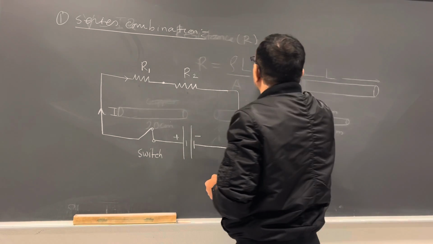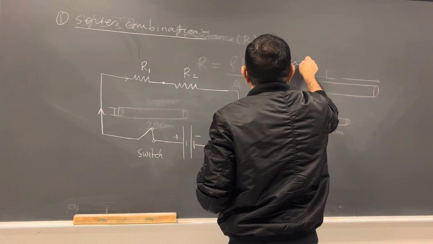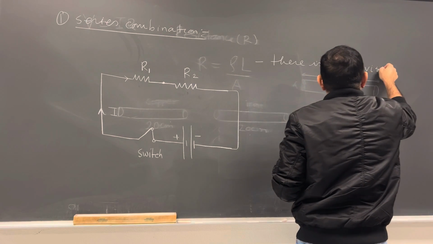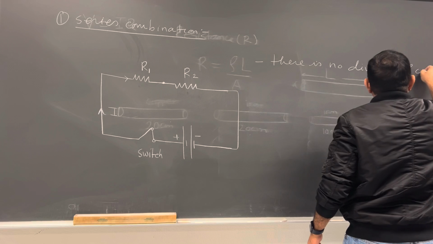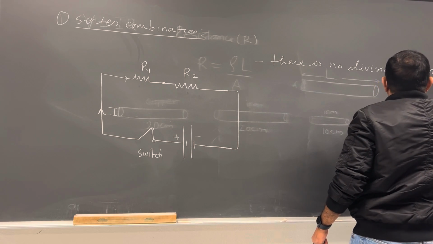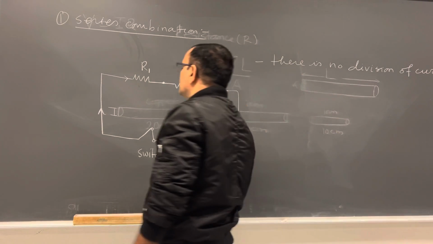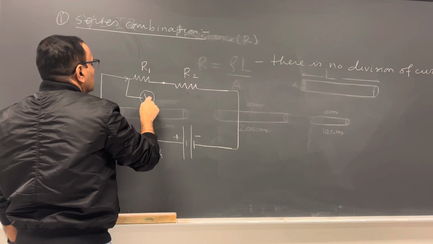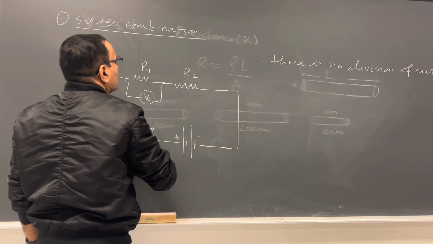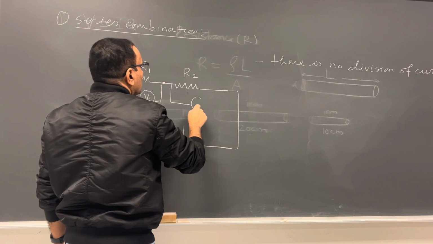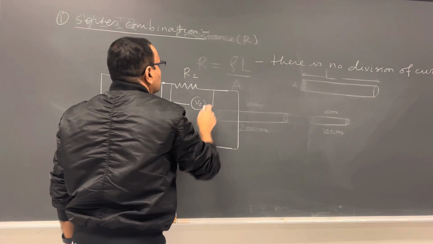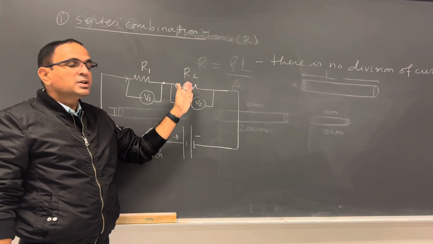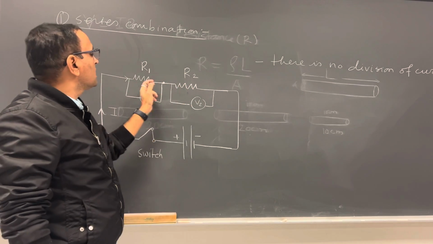Therefore, in series combination, there is no division of current, but the potential drop across these resistors, let me call V1 and V2, are different.